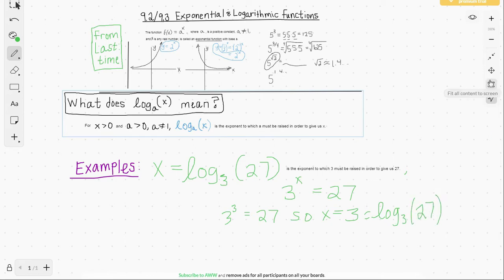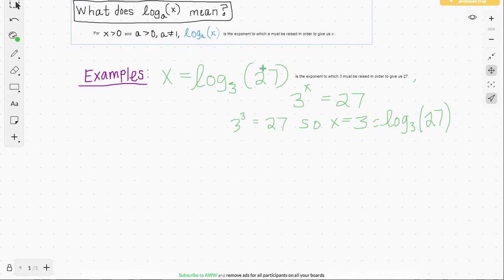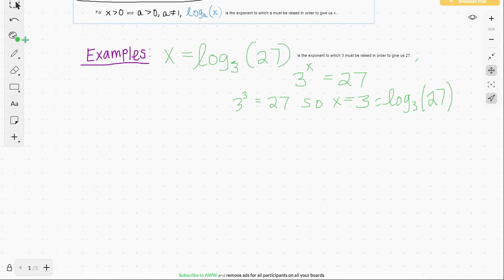Let's do another example, maybe with some different numbers other than so many 3s. Let's take the log base 2 of 32. Well, that's the exponent to which 2 must be raised in order to give us 32. So this is equivalent to saying 2 to what power is equal to 32.